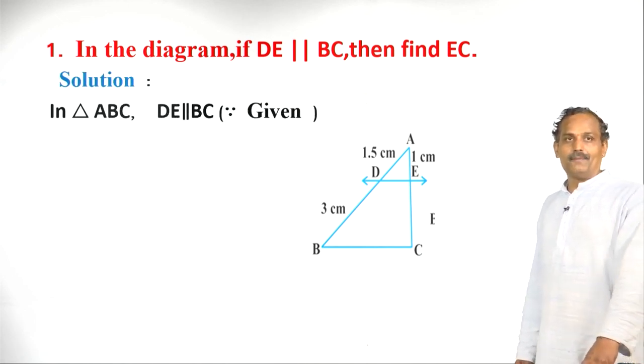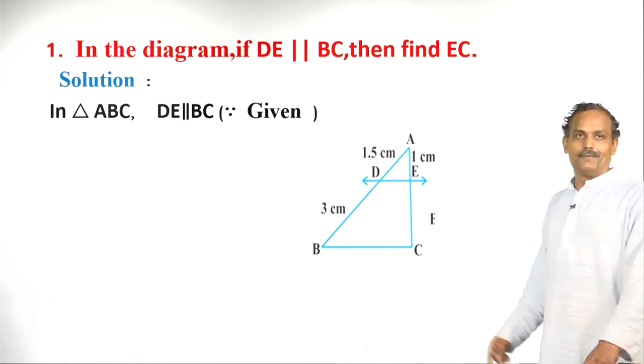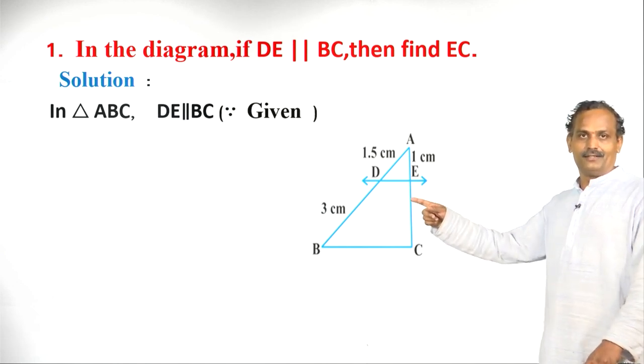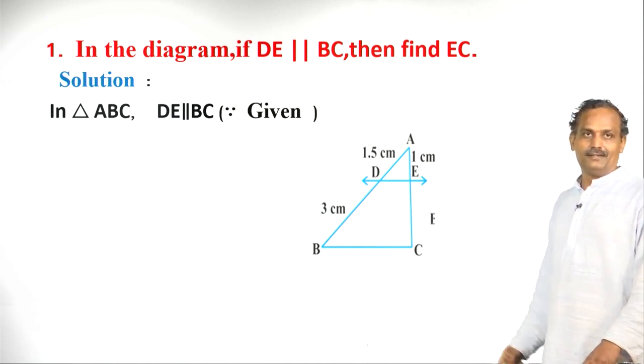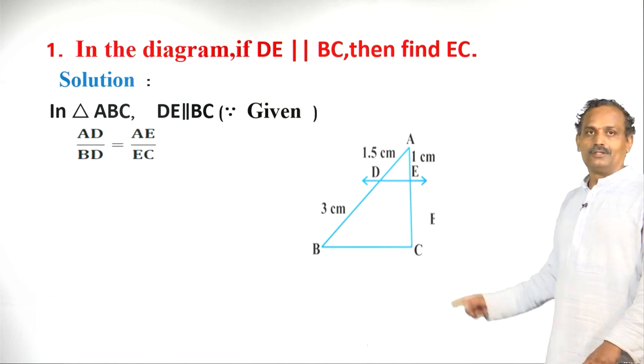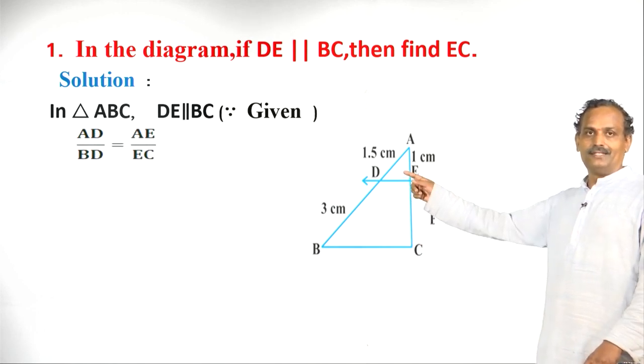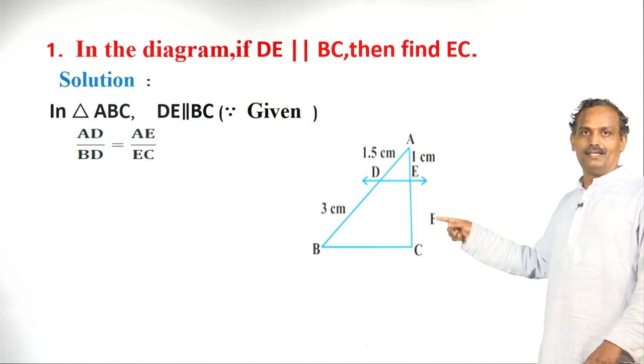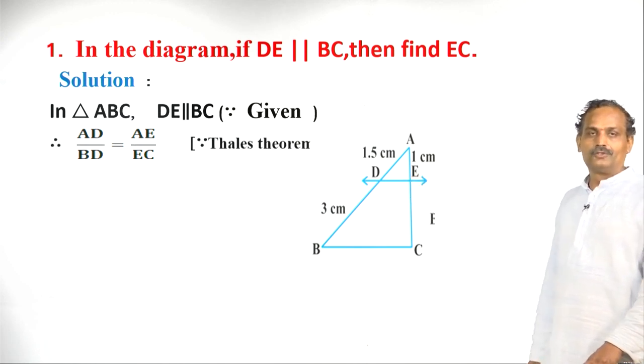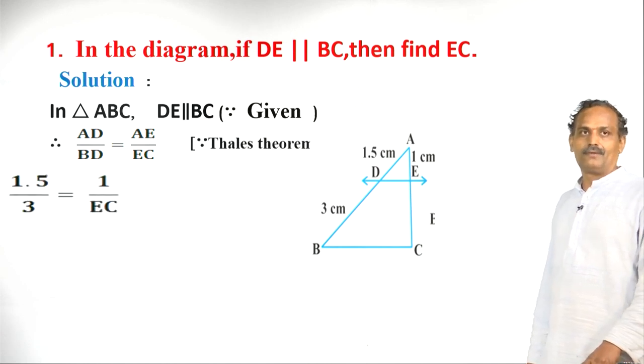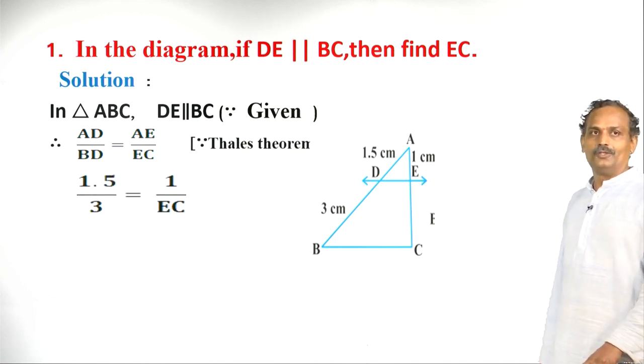In triangle ABC, DE is parallel to BC, it is given here. Therefore the ratio of the corresponding sides AD by DB is equal to AE by EC. This is from Thales theorem. Now let us substitute the values.